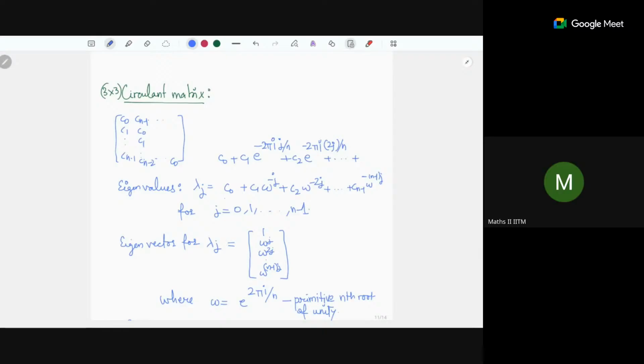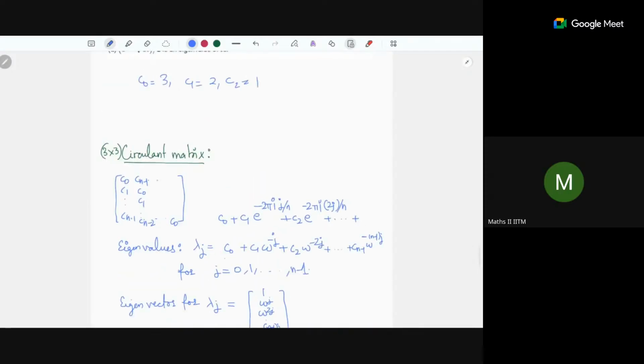Right. So we need to take j equal to -1. So lambda 1 will be C0 plus C1 omega to the power -1 plus C2 omega to the power -2.